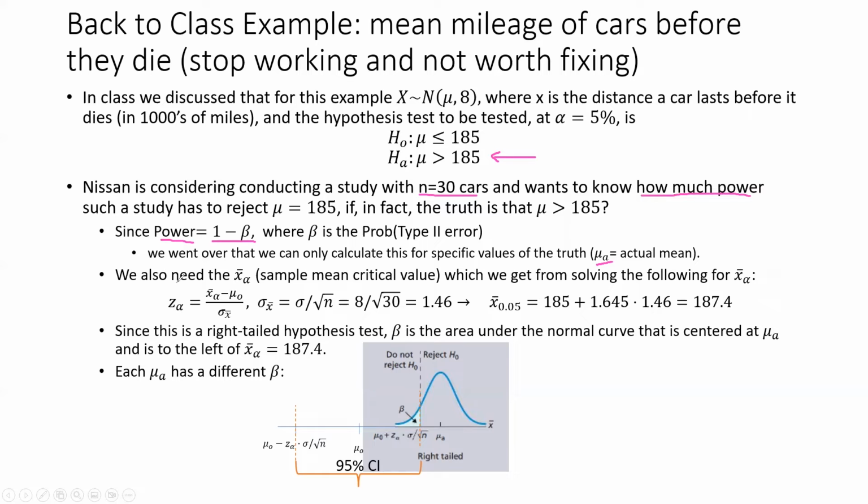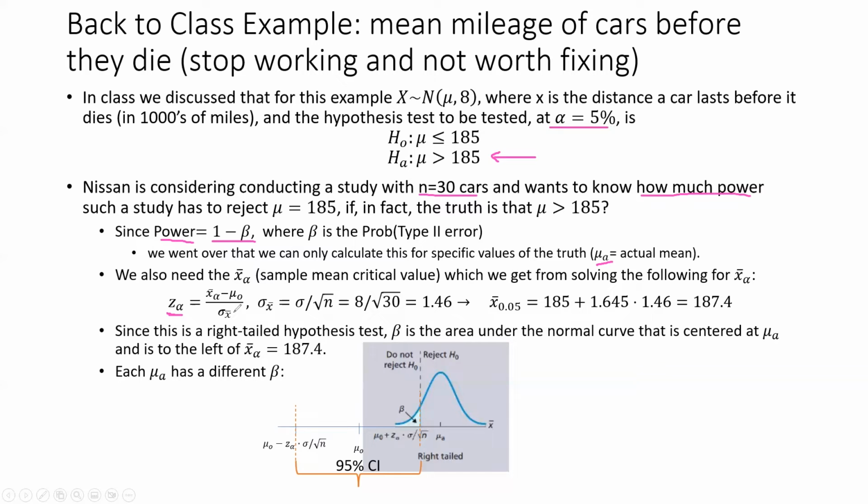In order to determine the power, we also need the X bar alpha. This is the sample mean critical value, which we get from solving for the X bar alpha in the z-score. Actually, no, this is not from the test statistic. This is the z alpha that corresponds to our alpha, in this example 5%.